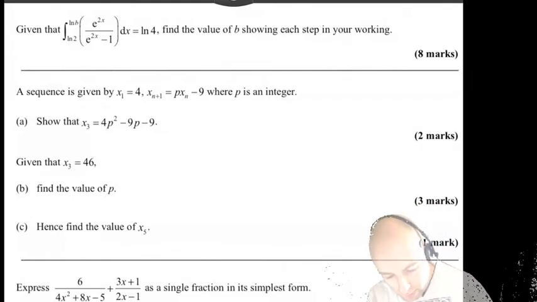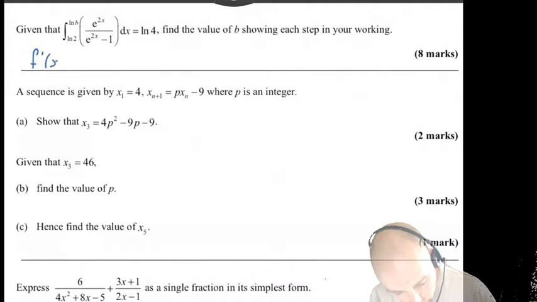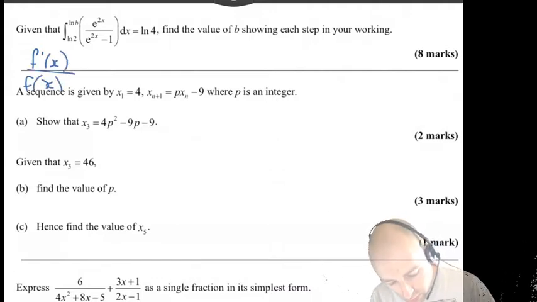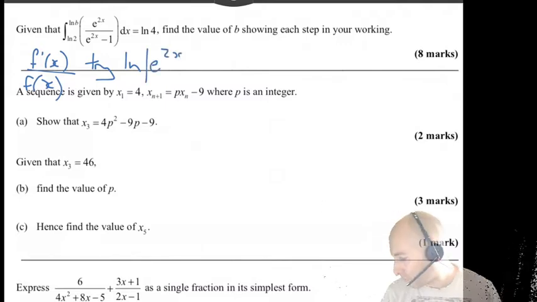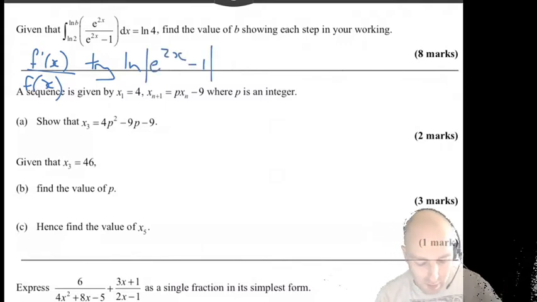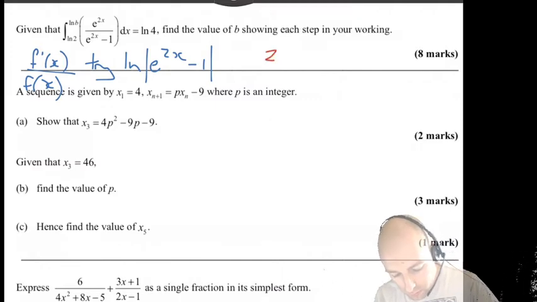So, the trick here is spotting that you've got f dash x over f of x. We're going to try ln of e to the 2x minus 1. So we need to check that. If we differentiate that, we would get 2 e to the 2x on top over e to the 2x minus 1.